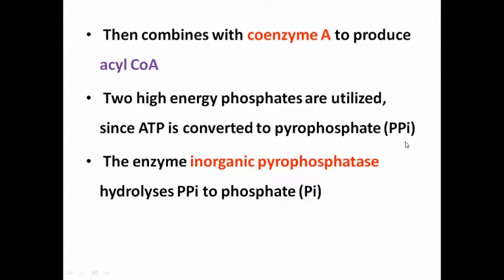The enzyme inorganic pyrophosphatase hydrolyzes the pyrophosphate into phosphate.